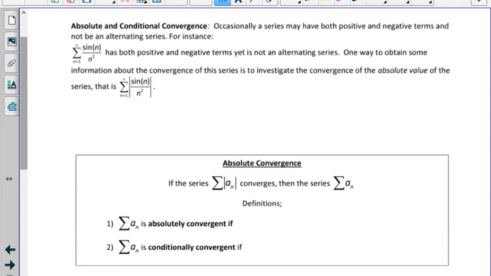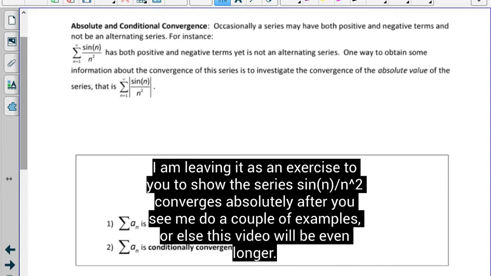So if we look at the series sine of n over n, it has both positive and negative terms, and it's not an alternating series. It doesn't follow a specific pattern where every time we plug in another integer, we get positive, negative, positive, negative. Sometimes it's positive, sometimes it's negative.